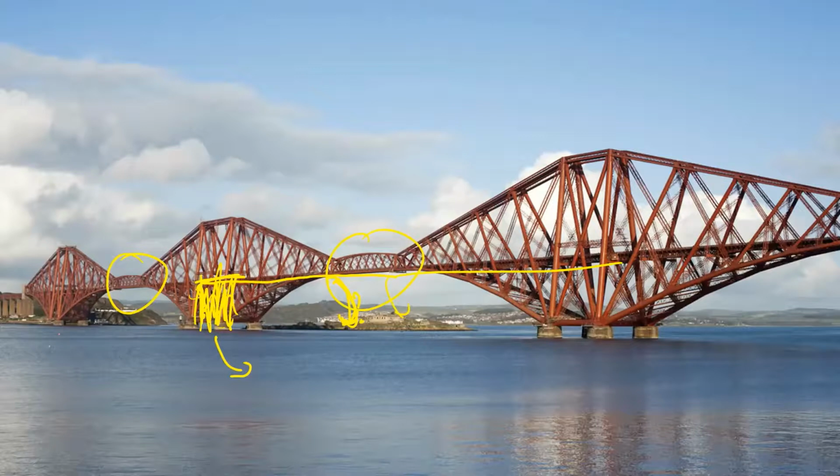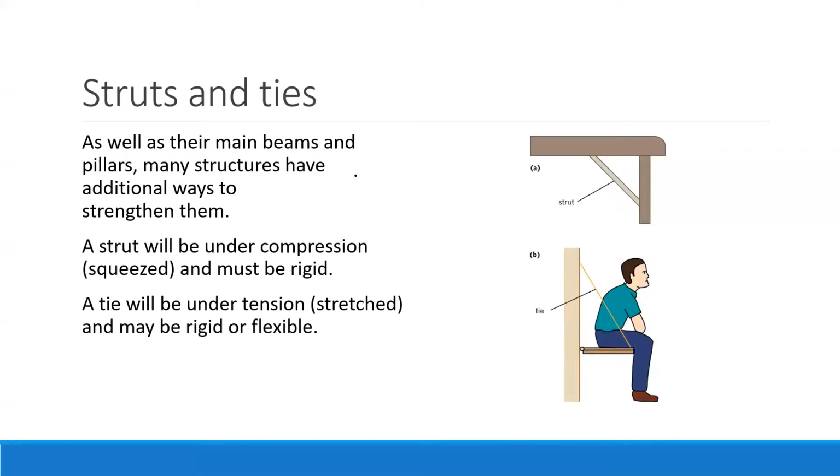This one is pretty much just supported by the cantilever action. But you could also have suspension bridges that have this, but they also have another way to pull them up. Speaking of suspension bridges, this is the last little bit that I want to talk about for today's lesson.